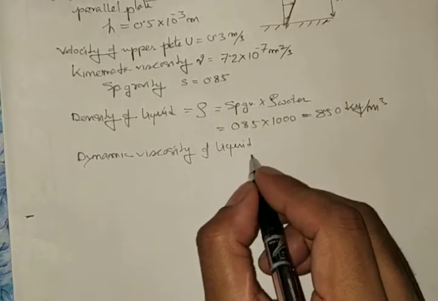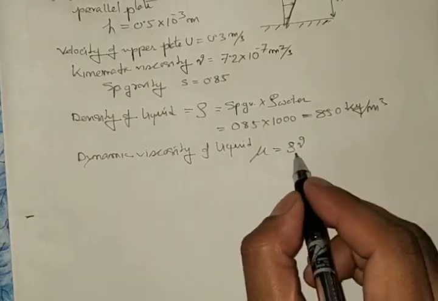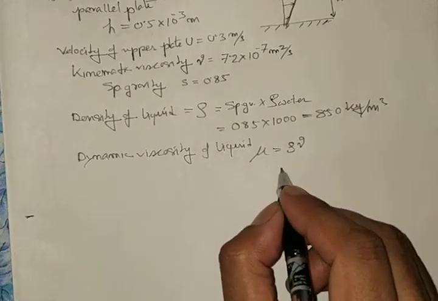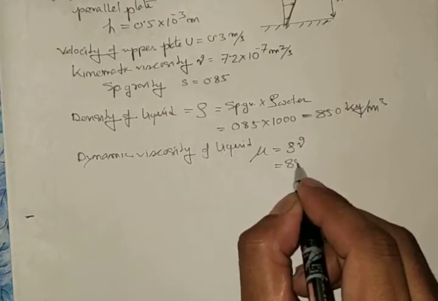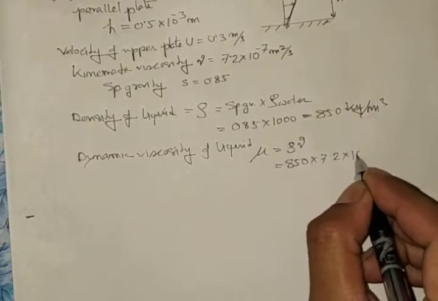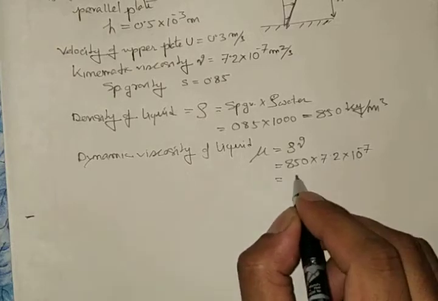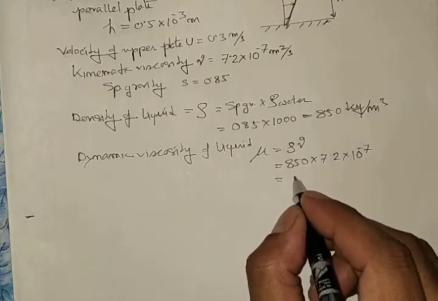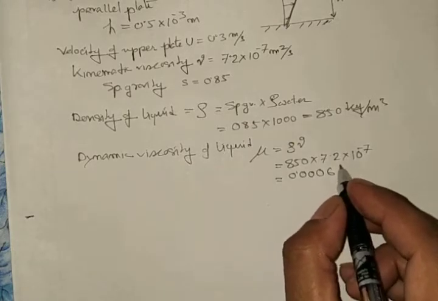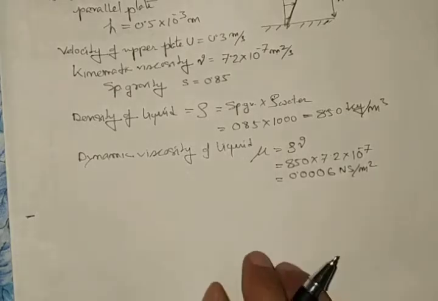The dynamic viscosity of the liquid is rho into nu, where rho means density and nu means kinematic viscosity. So density 850 into 7.2 into 10 to the power minus 7, which after calculation is 0.0006 Newton second per meter square.